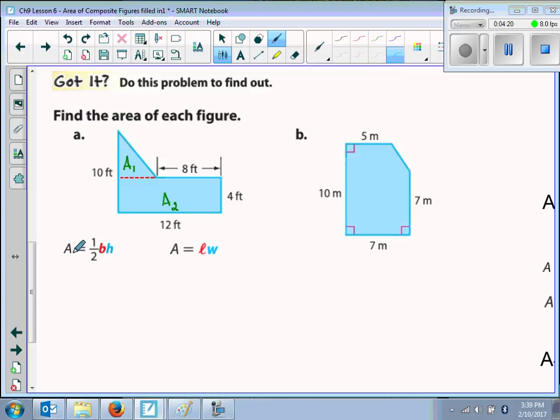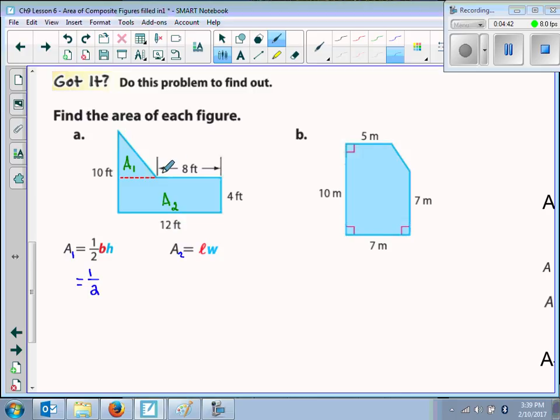Okay? So now we can substitute in. The triangle is area 1 and the rectangle is area 2. You've got to make sure you label your work, okay? So we have 1/2 times the base. Now, what is the length of that base? 12 minus 8. Very good.